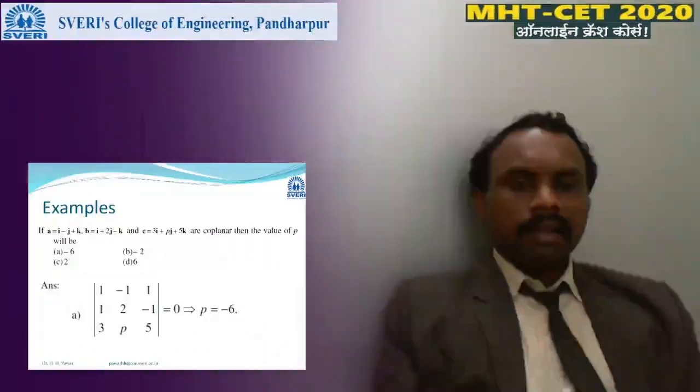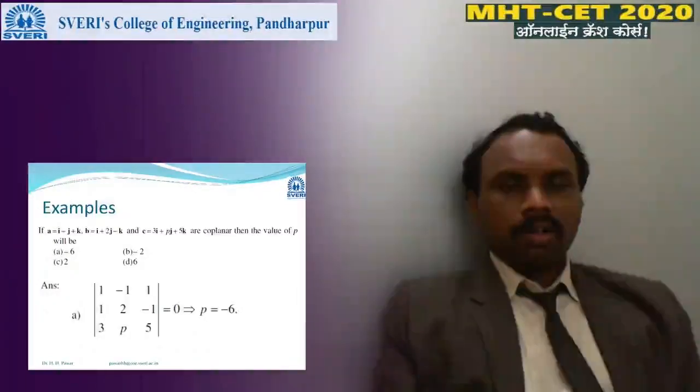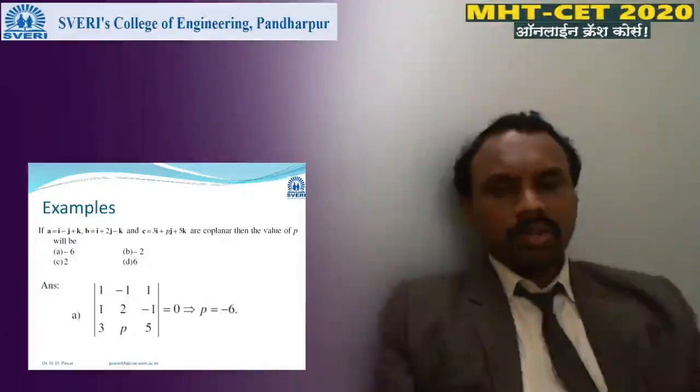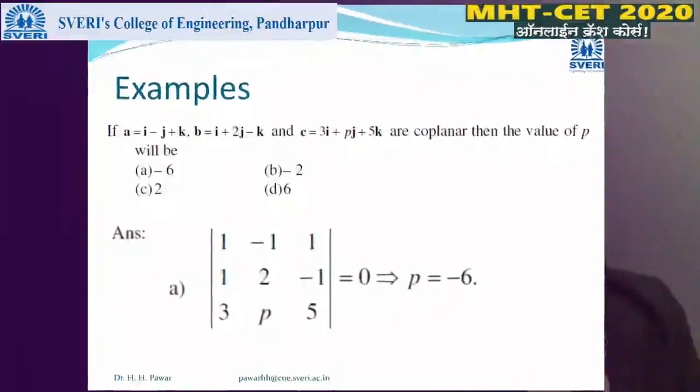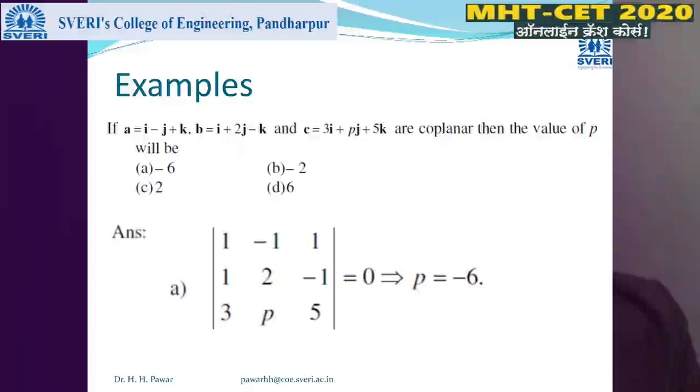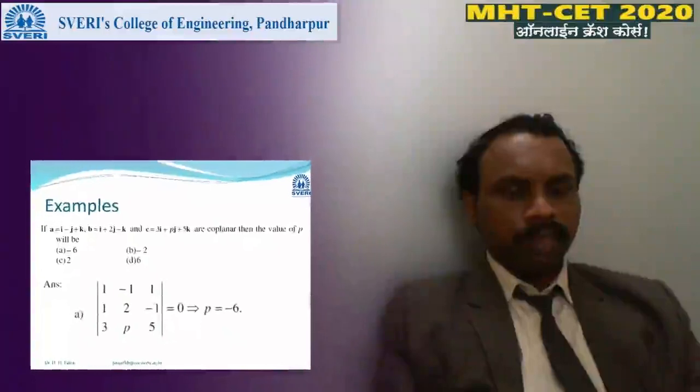So here the condition is box product of A, B, C equal to 0. After solving the determinant 1 minus 1 1, 1 2 minus 1, 3 p 5 equal to 0, we get p equal to minus 6 in this case. That is option number A, obviously.